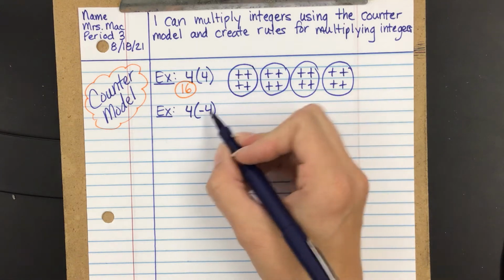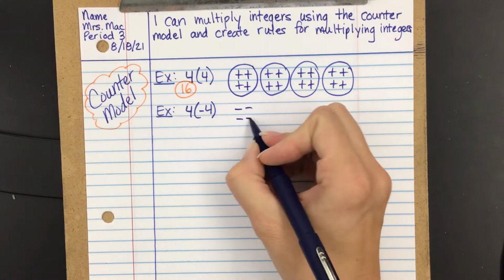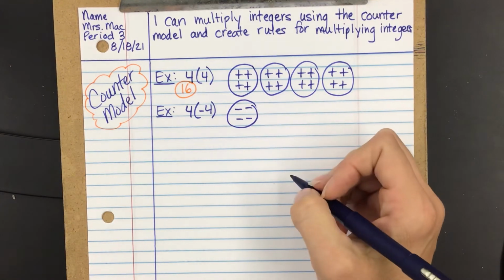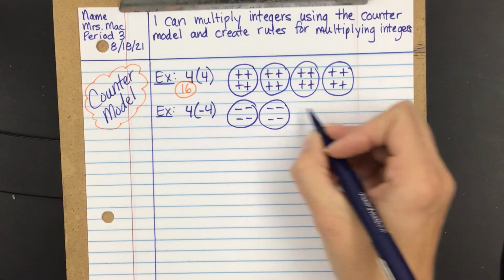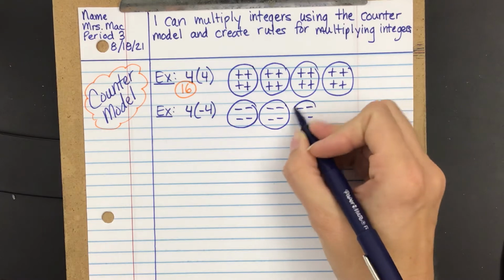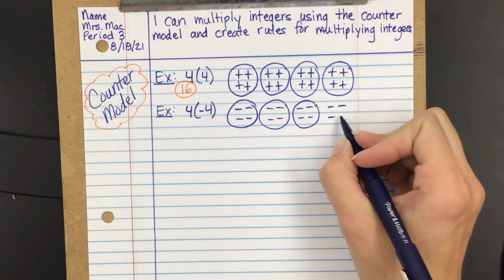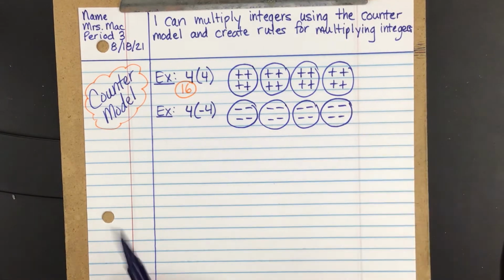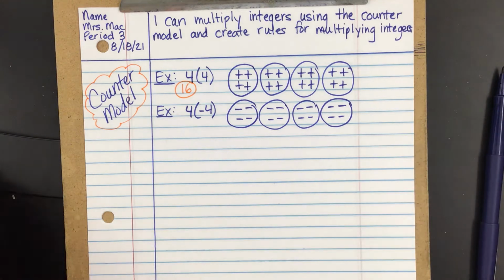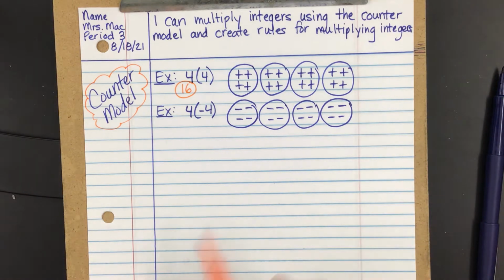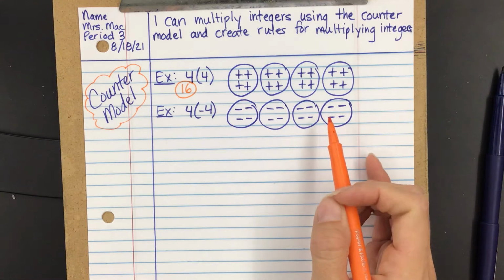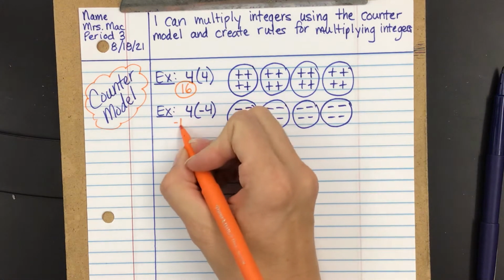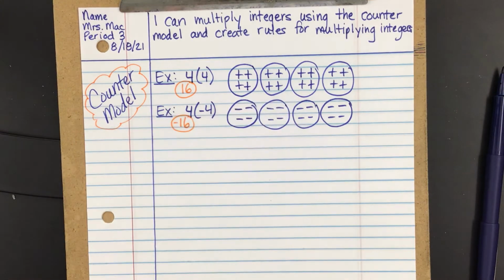So really, we're just doing 4 groups that look like this. Okay, so there's 1 group of -4, 2, 3, and 4. Okay. Now all together, that is how many negatives? -16. Fabulous. Okay, -16.